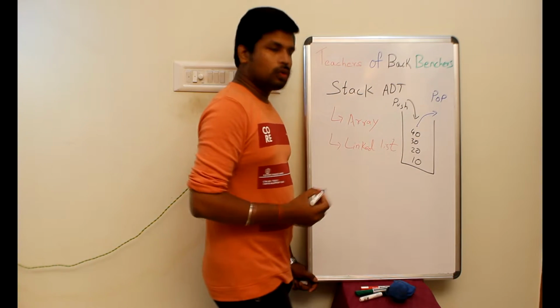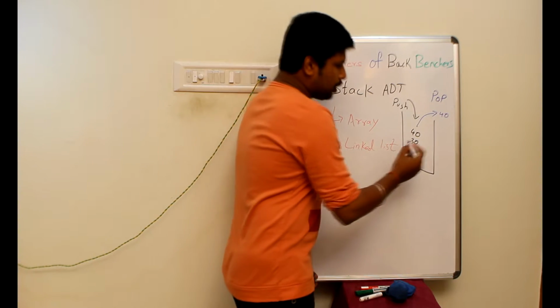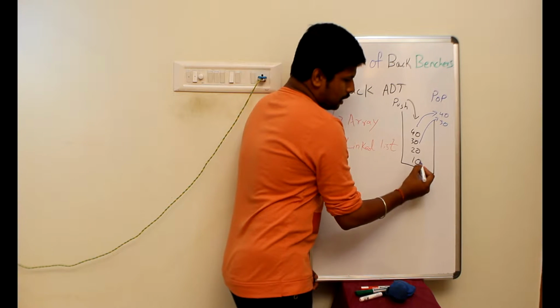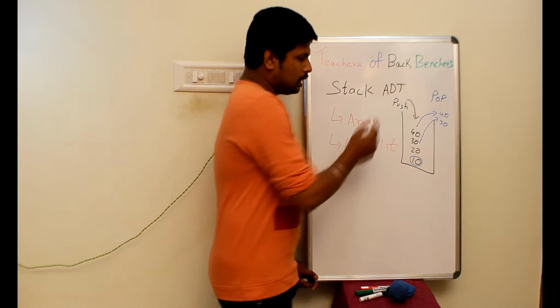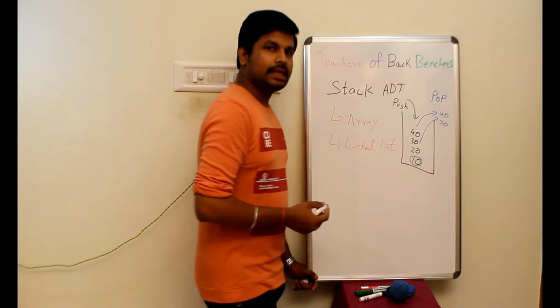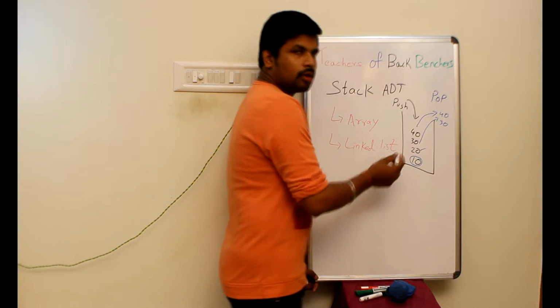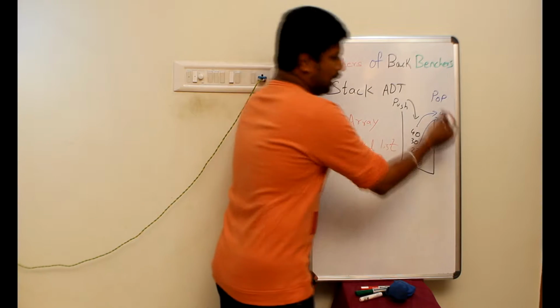The first element to come out is 40. After 40, 30 comes out. And the last element to come out is the first element inserted, which is 10. So after deleting 40, 30 and 20, we remove 10, which means the first inserted element comes out last.